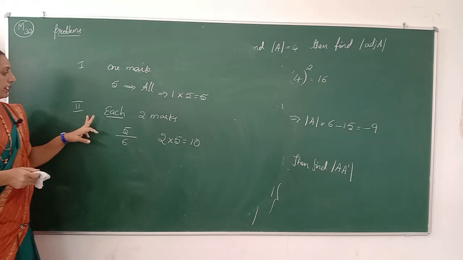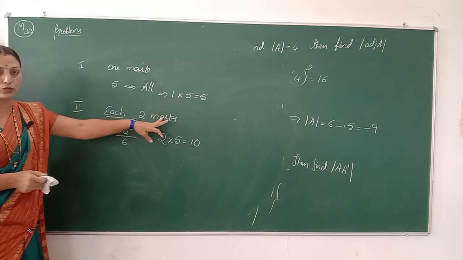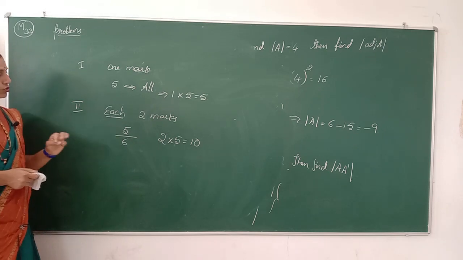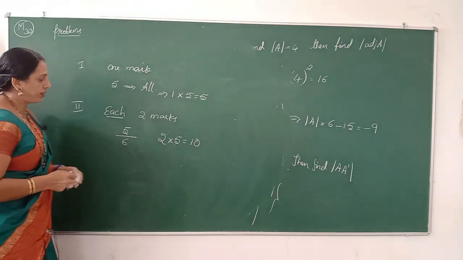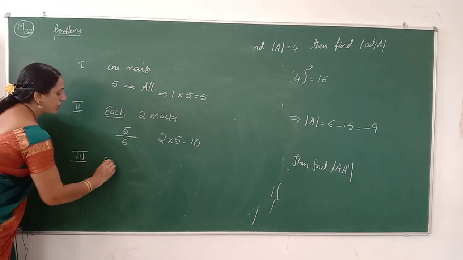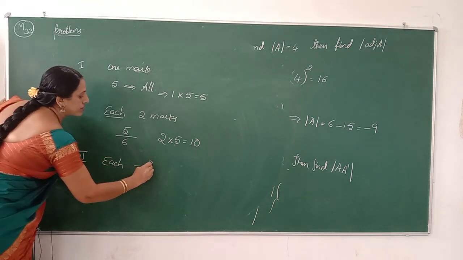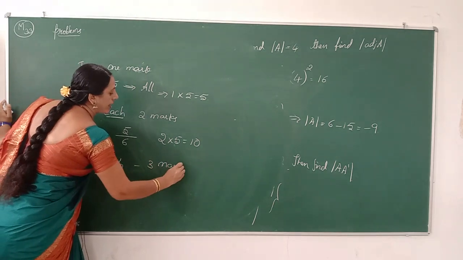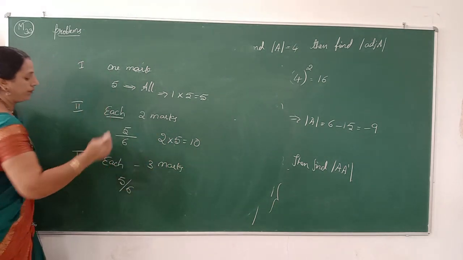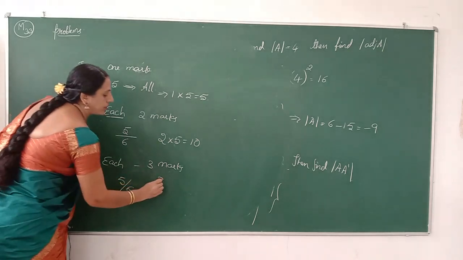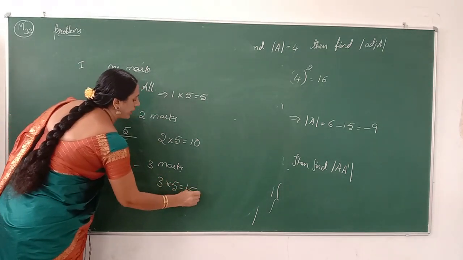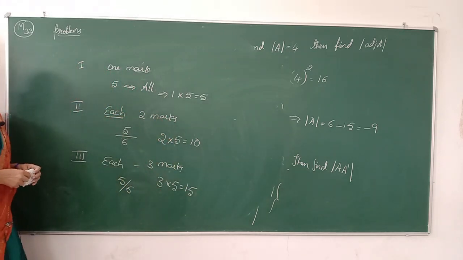So in the second main, each question carrying 2 marks, out of 6 we choose only 5 questions, that is 2 into 5 is 10. Third main, each question carrying 3 marks. Again 5 can be chosen out of 6 questions, that is 3 into 5 is equal to 15.